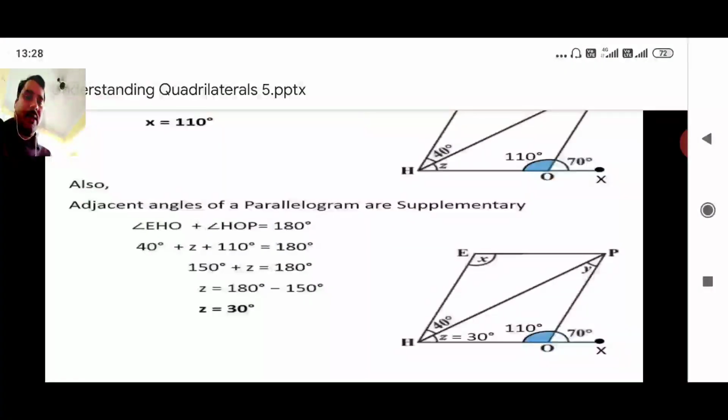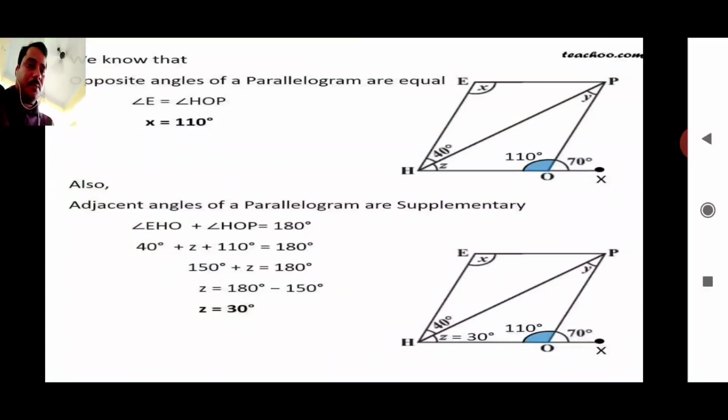Or another method is given here: angle EHO plus angle HOP equals 180, which means angle H plus angle O, adjacent angles of a parallelogram, are supplementary. The value of angle EHO equals 40 plus z. And what is the value of angle HOP? 110.